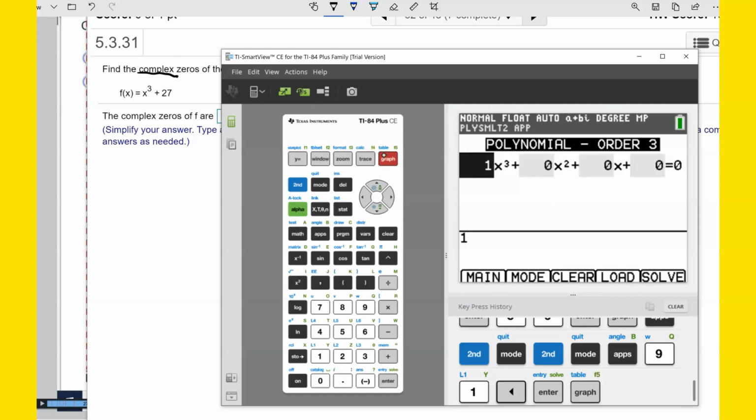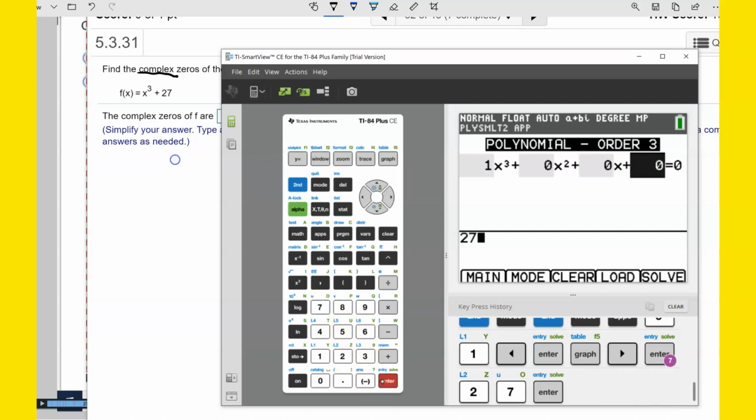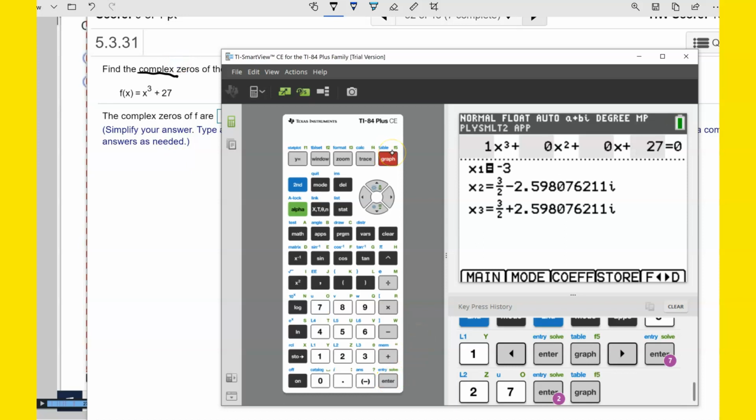Next, it's going to be a 1 for the x cubed, a 0 for the x squared, a 0 for the x, and a 27 for that constant right there. And then I just hit solve, and I get a good solution for the real one, but I get an irrational number for the imaginary one.